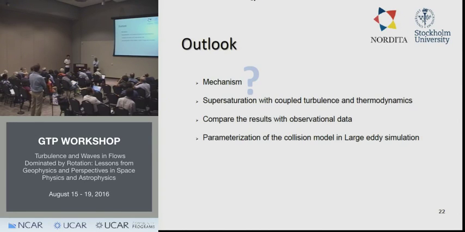But I think if they have an order of 10, we still cannot see enhancement, or even it will weaken the growth of the cloud droplets. So it may indicate that there is a competition between turbulence and gravity.